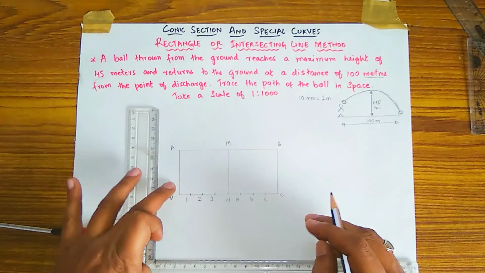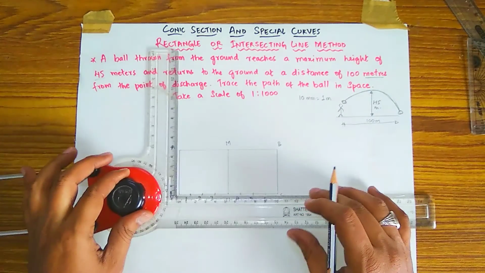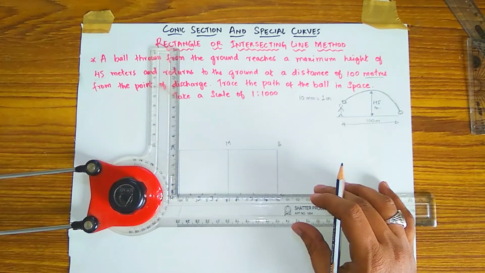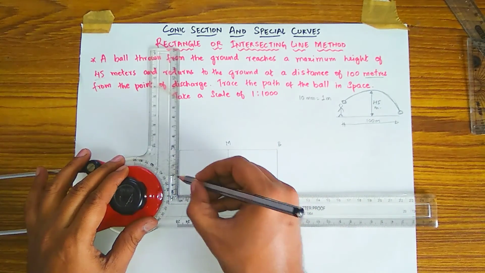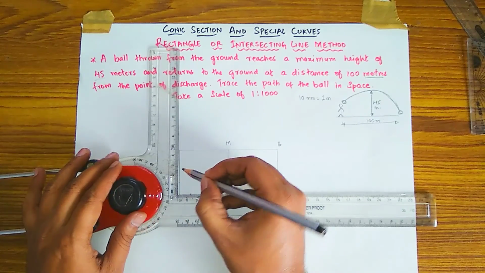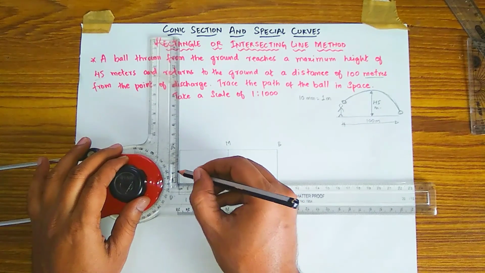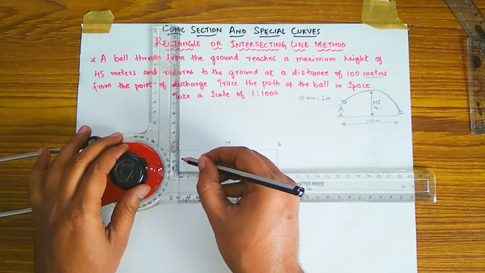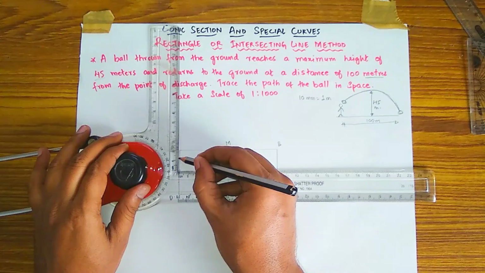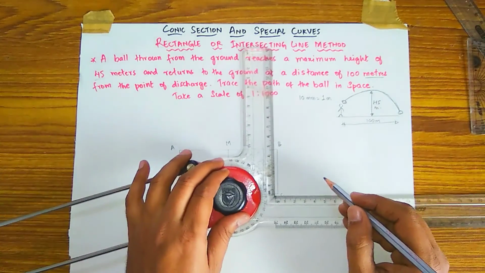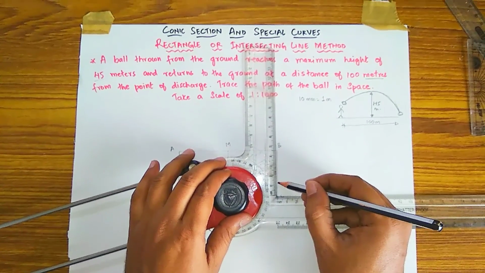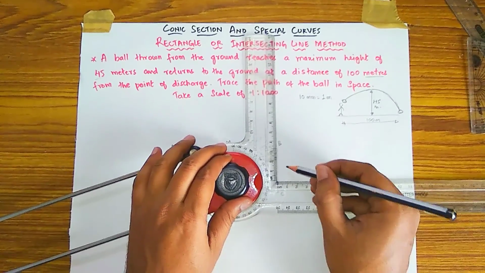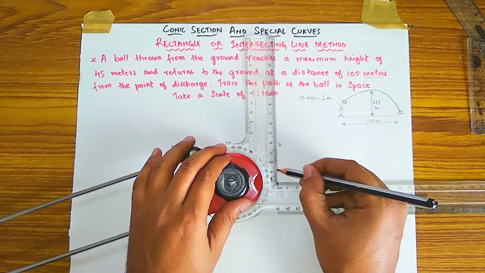Now we divide this line into 4, and this line also into 4. This line is of 45 mm, so dividing into 4, each part will be 11.25.